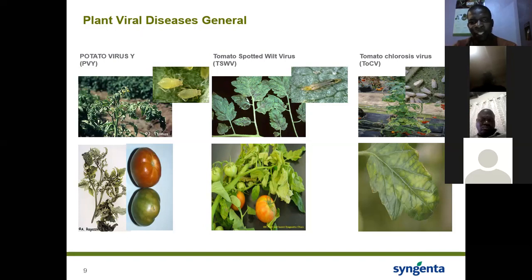But with fungal infections, the patches will have something like wounds or pimples. And if it's tomato, the tomato will start rotting if it's a fungal infection. But with a bacterial infection, you just find it will have those different colors on the leaf or on the fruit.